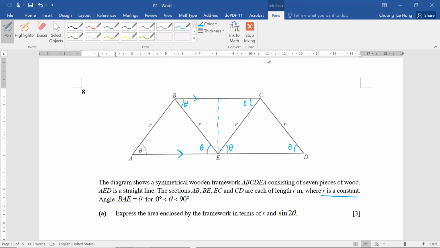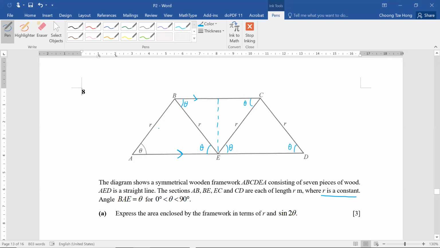To find the total area, I'll find the area of one triangle and multiply by 3. What is the formula for the area of a triangle that you learned, besides half times base times height?